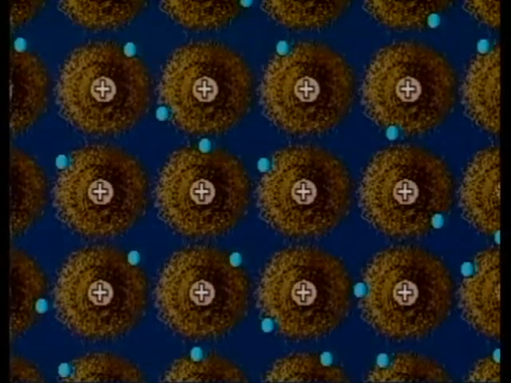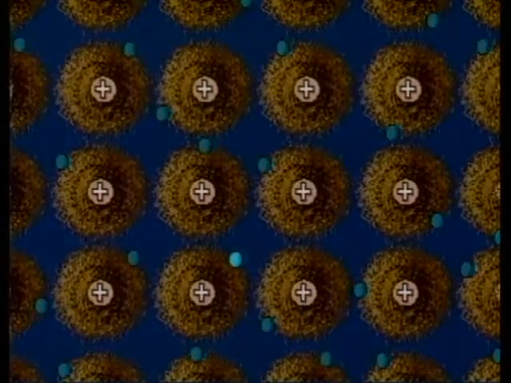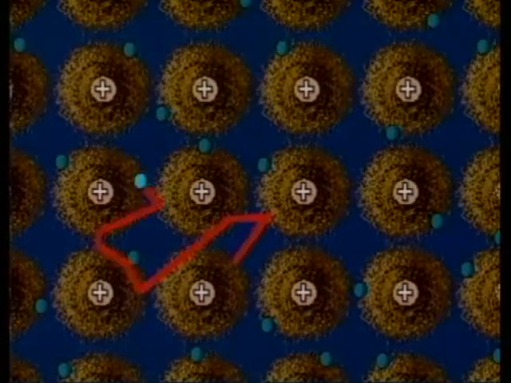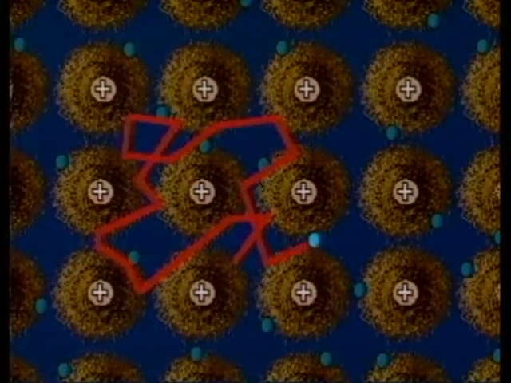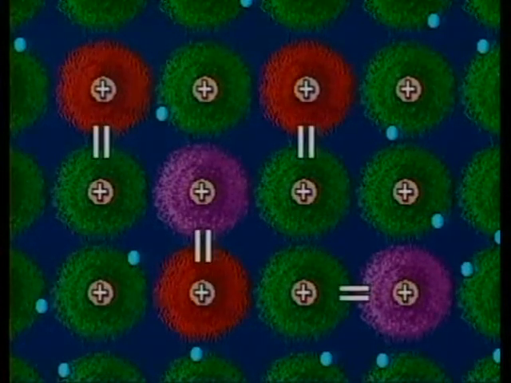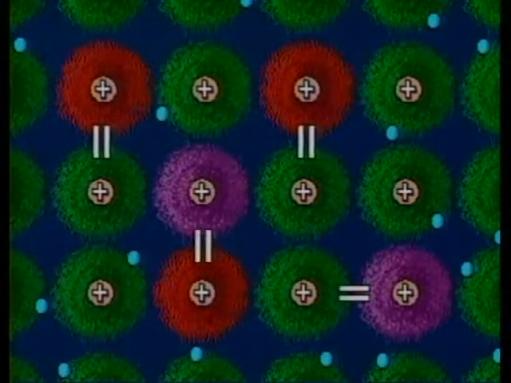Within this network, there are loosely held electrons, which can drift about with relative ease. In the case of nichrome, the structure is similar. There are, however, fewer loosely held electrons, because the electrons of some atoms are involved in bonds with different atoms.